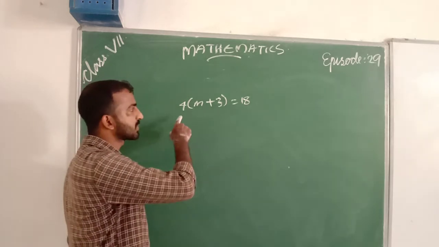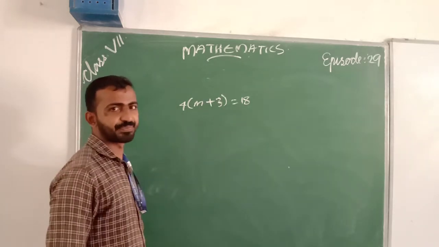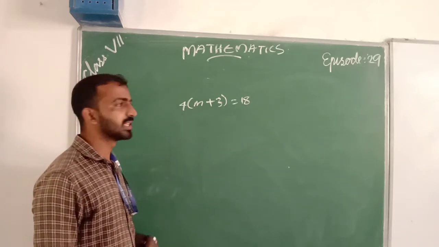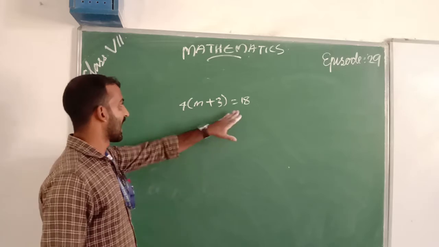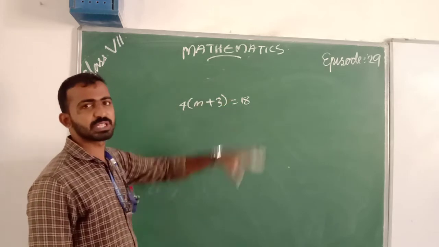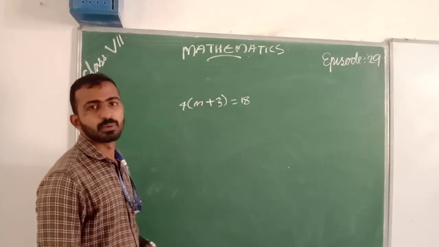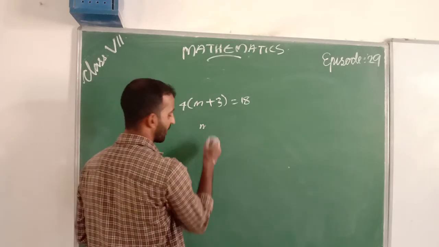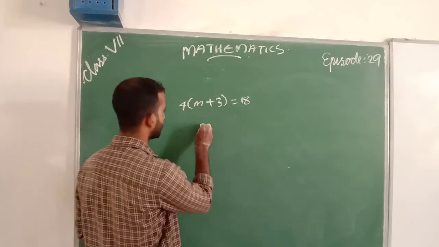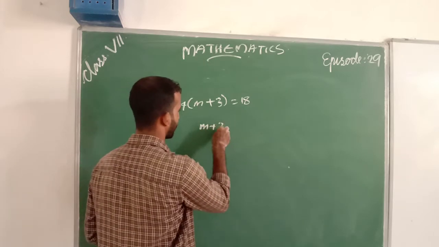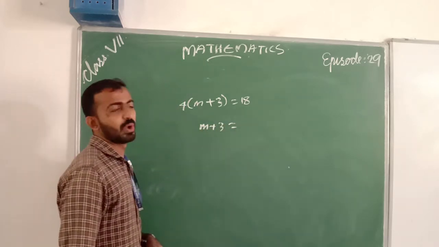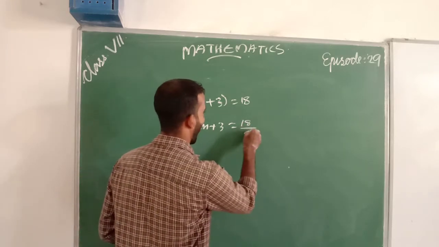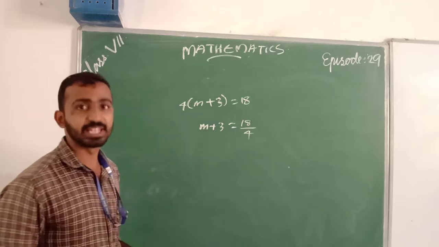Here we transpose 4 to the right side. Here is multiplication, so when we transpose, it goes to division. That is, m plus 3 equal to 18 by 4.